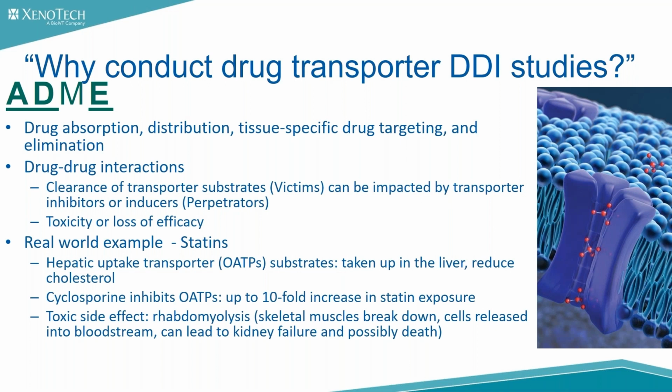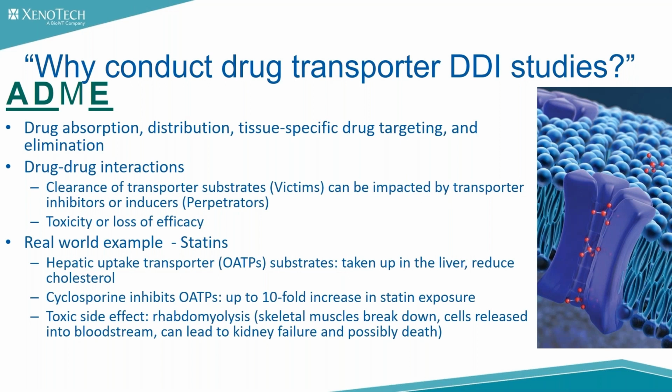A real world example of this are statins. Statins, of course, are cholesterol lowering drugs that have their site of action in the liver. However, they require hepatic uptake into the hepatocytes by the hepatic uptake transporter OATPs. However, cyclosporin is a potent OATP inhibitor.